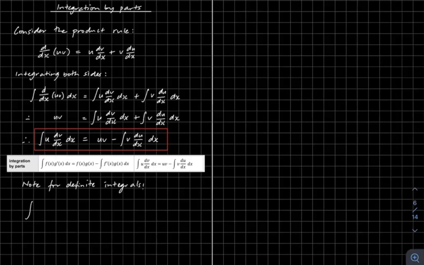In other words, when we have bounds for our integration, so if I was taking the definite integral of something which I could get in this form here, then the u times v bit I would evaluate, as I usually do, between b and a, and then this second integral here would also have bounds of integration between a and b.